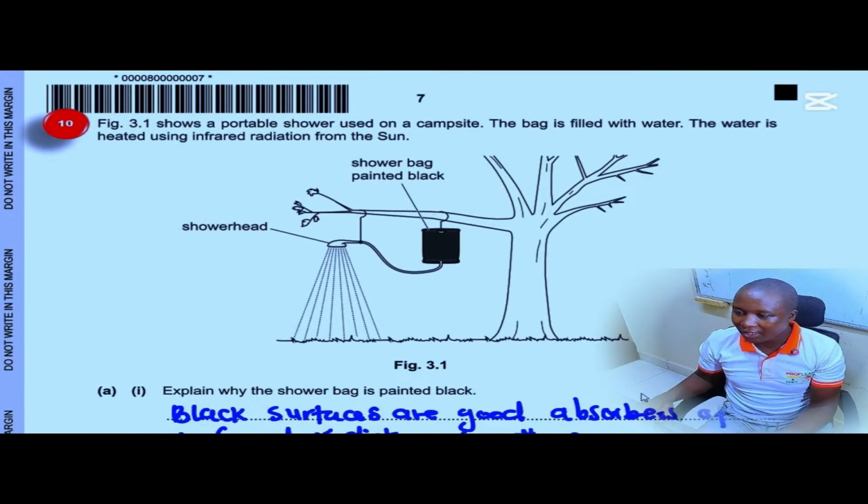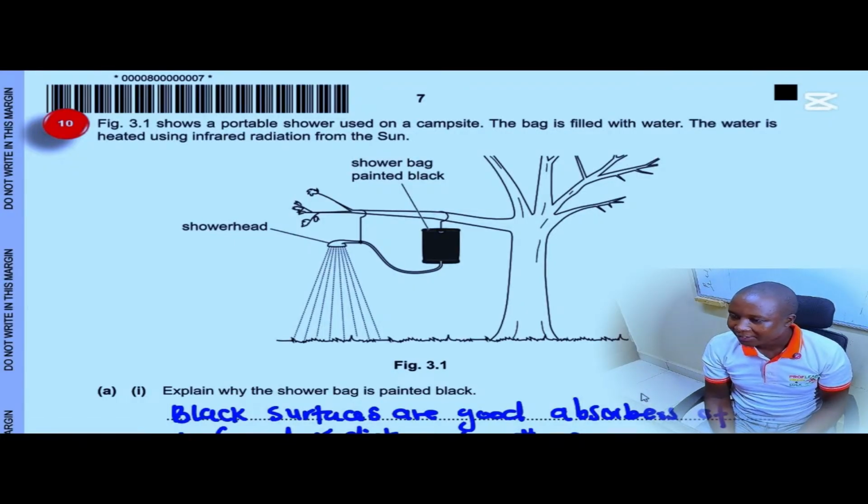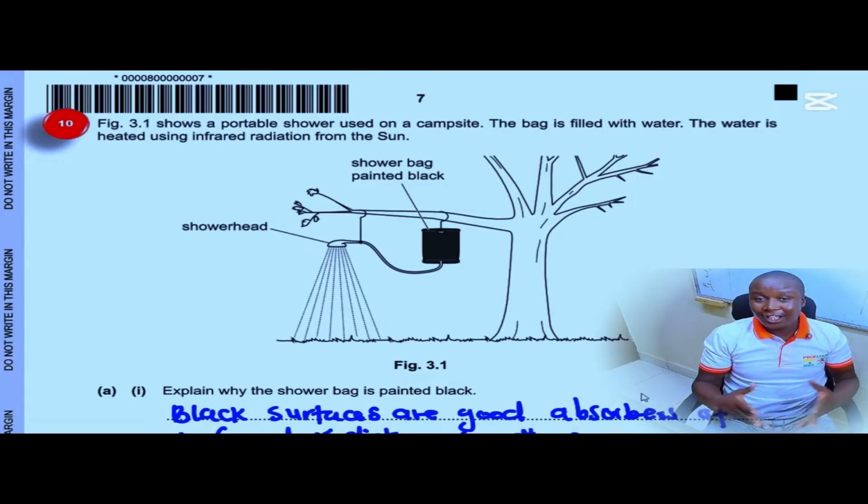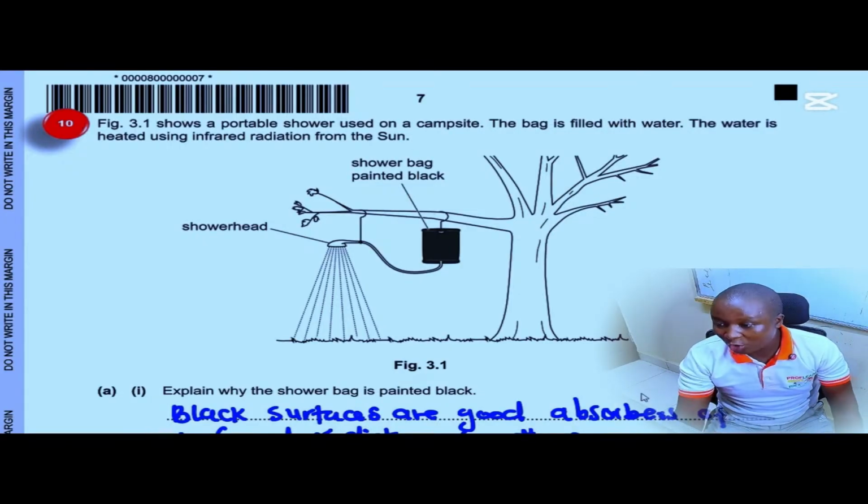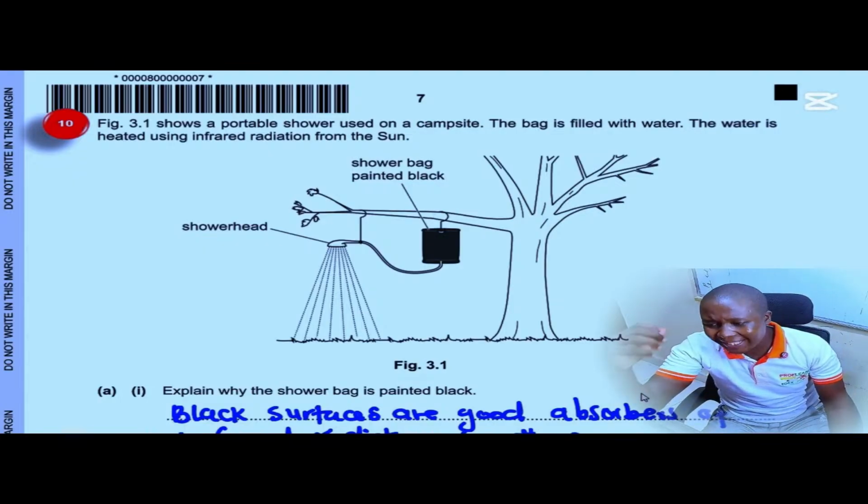We have a scenario here where we have a portable shower on a campsite, and the bag is filled with water, and then that black bag is used to warm the water. Why is it painted black?